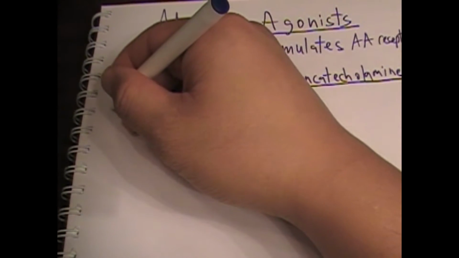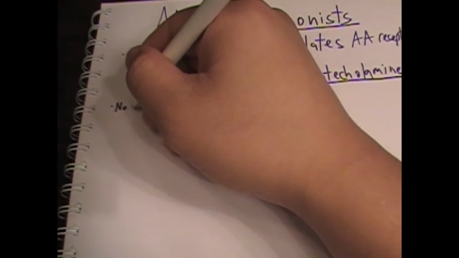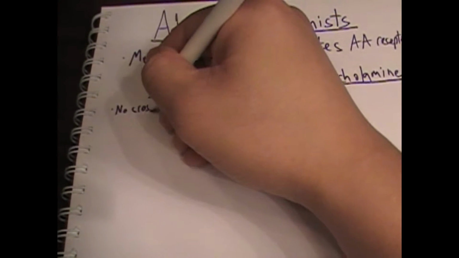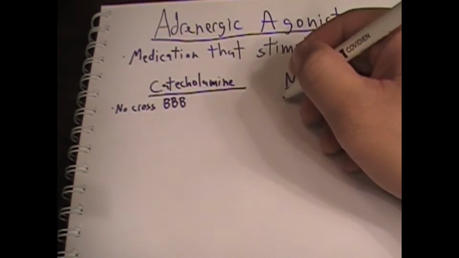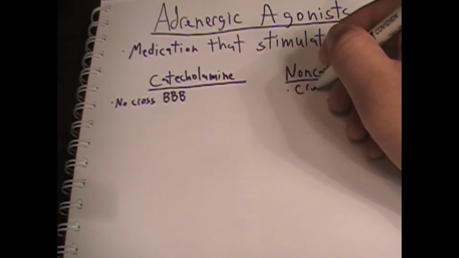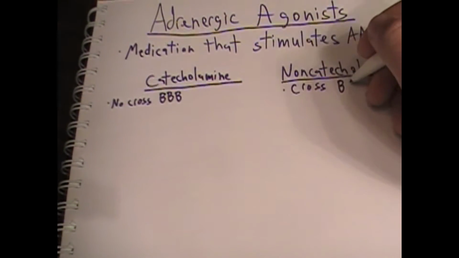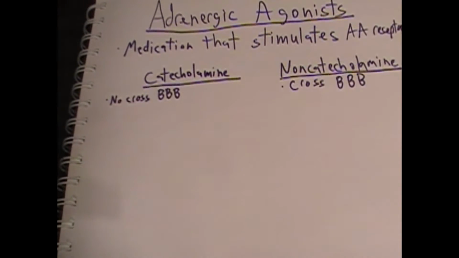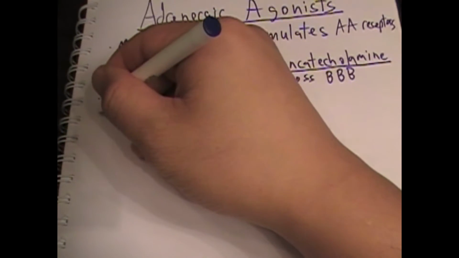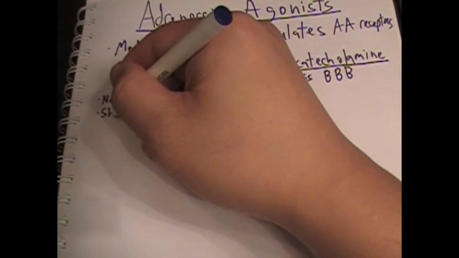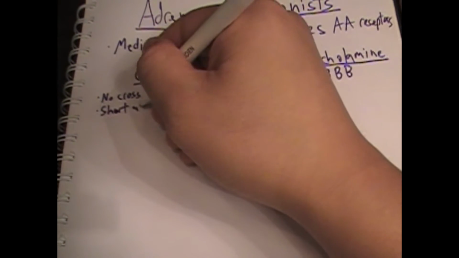Now each of the different ones have certain properties that go with each. First, for the catecholamine, the catecholamine adrenergic agonist does not cross the blood-brain barrier, and the non-catecholamine crosses the blood-brain barrier. Catecholamine adrenergic agonists are short-acting.